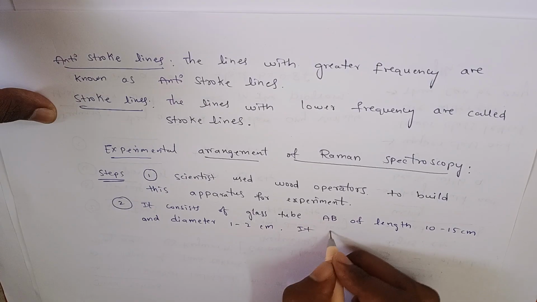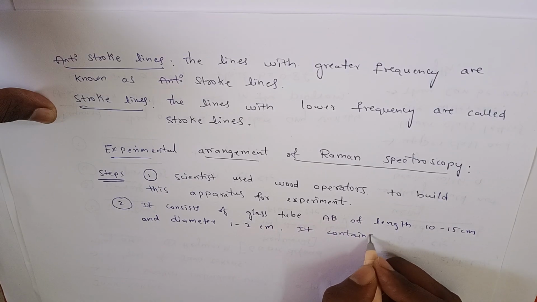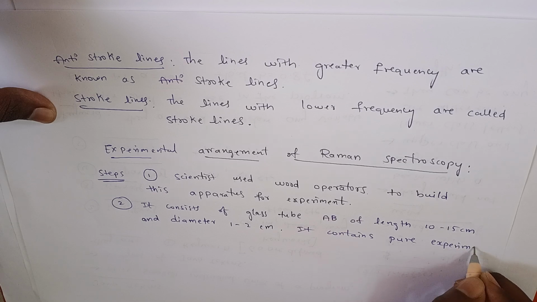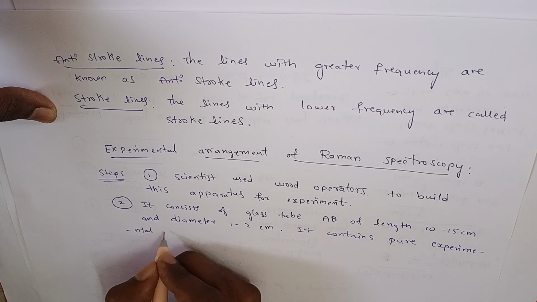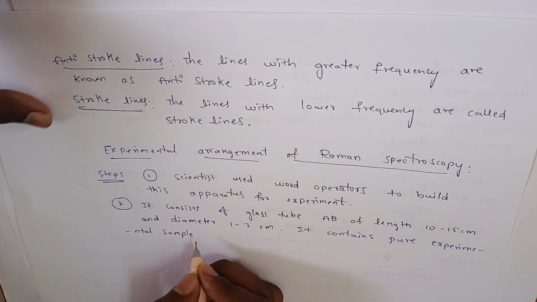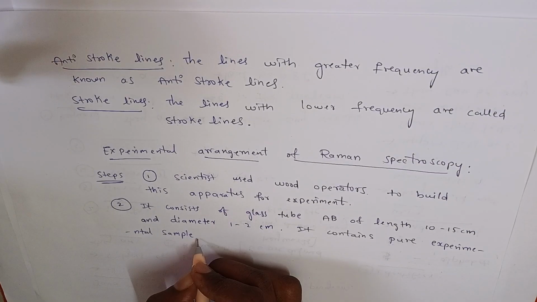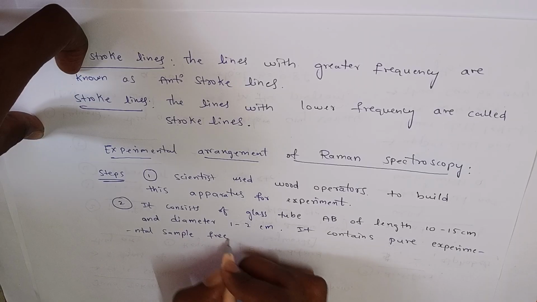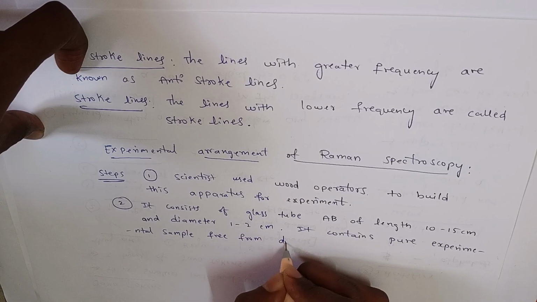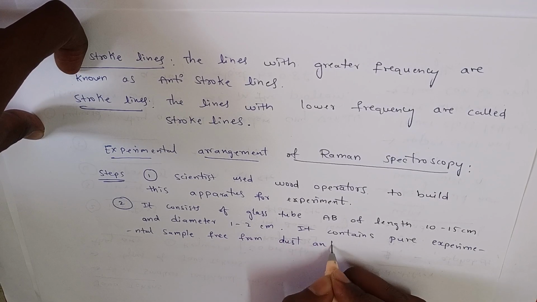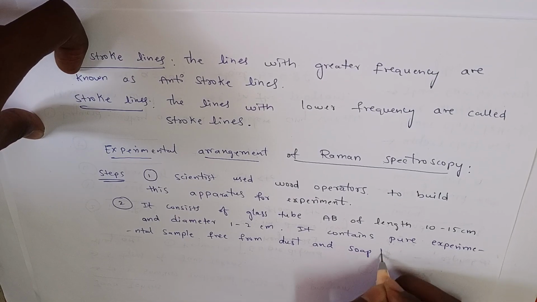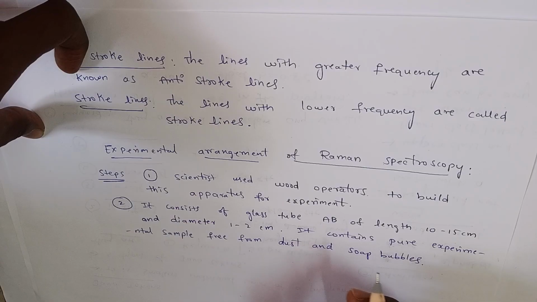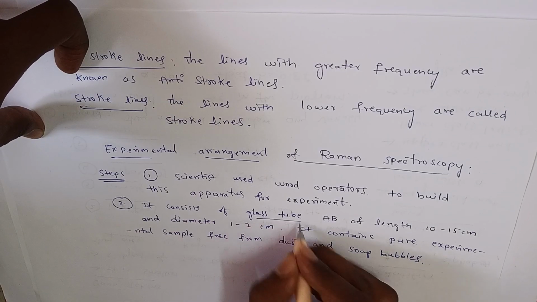It contains a pure experimental sample free from dust and soap bubbles. It is clearly visible, filled in the glass tube.